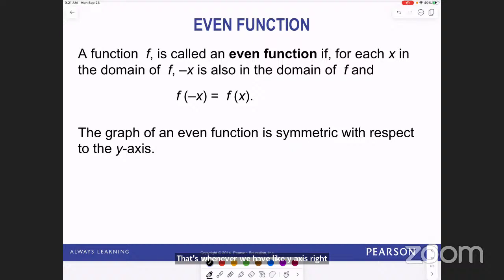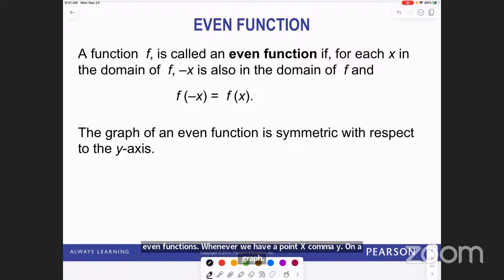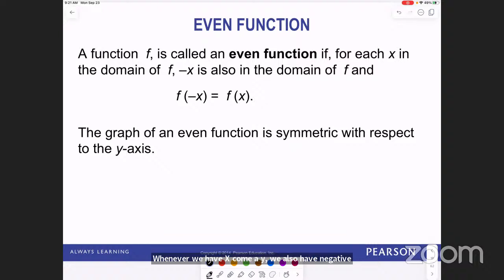With even functions, whenever we have a point x comma y on a graph, our y values are going to stay the same, but the x values are going to change. So whenever we have x comma y, we also have negative x comma y, right? So whenever we get a point on the right, we also get a point on the left. And so the whole image is going to be symmetric about the y-axis, right? So the y-axis is going to serve as an axis of symmetry for our image, right?